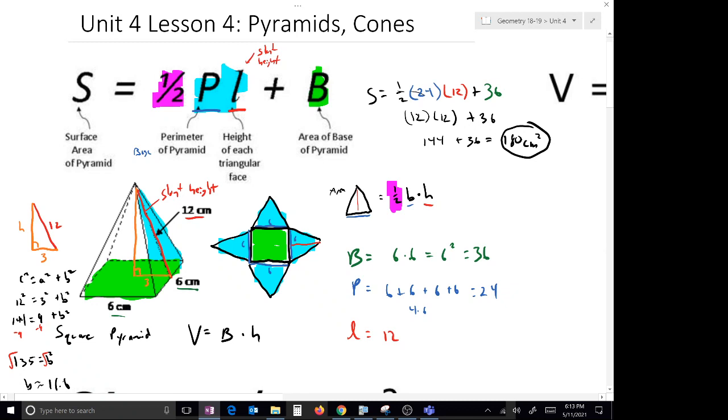So that's the height of our pyramid, 11.6.